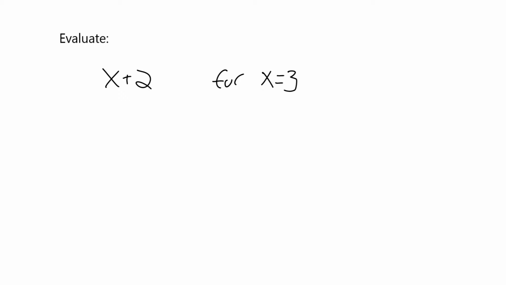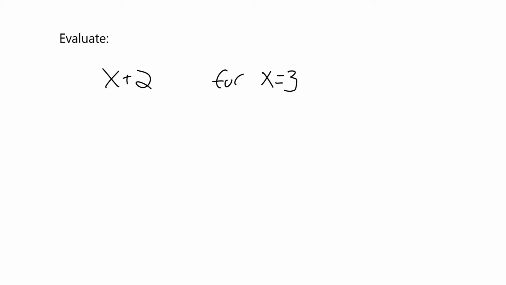Much like the cashier at the grocery store, x starts out without having a value. The process of evaluating it is going to require us to give x a value. In this example, we'll say that x is equal to 3.